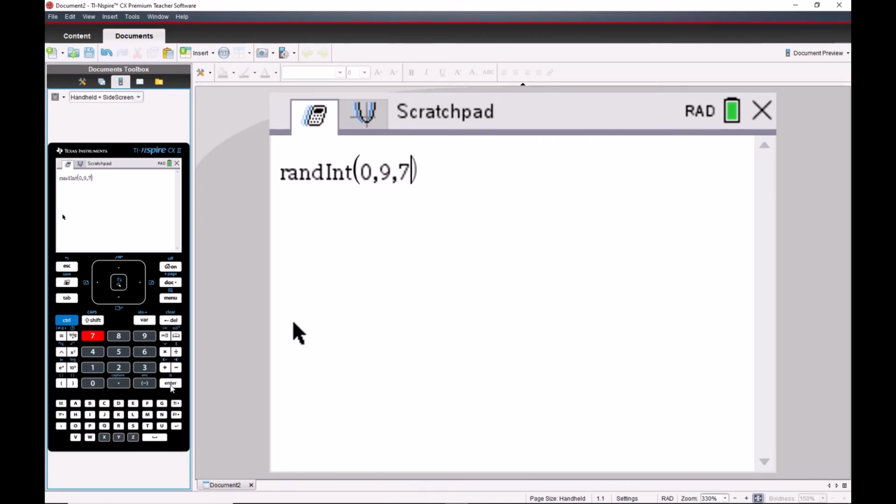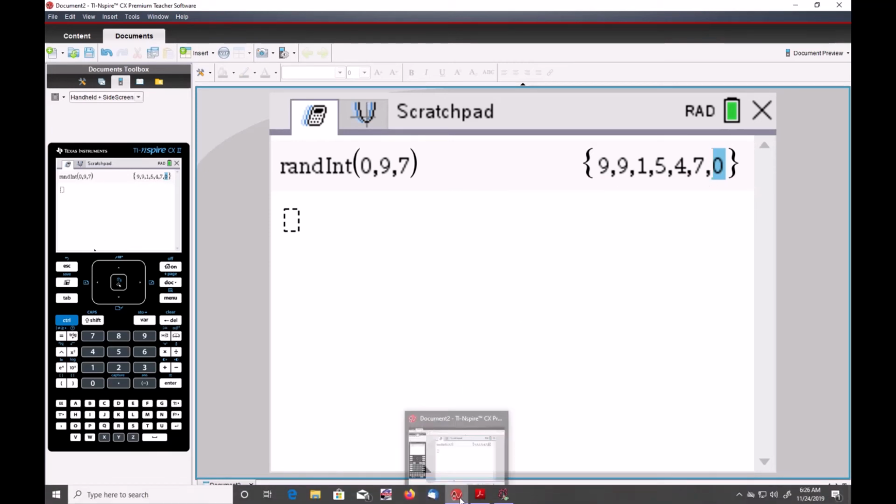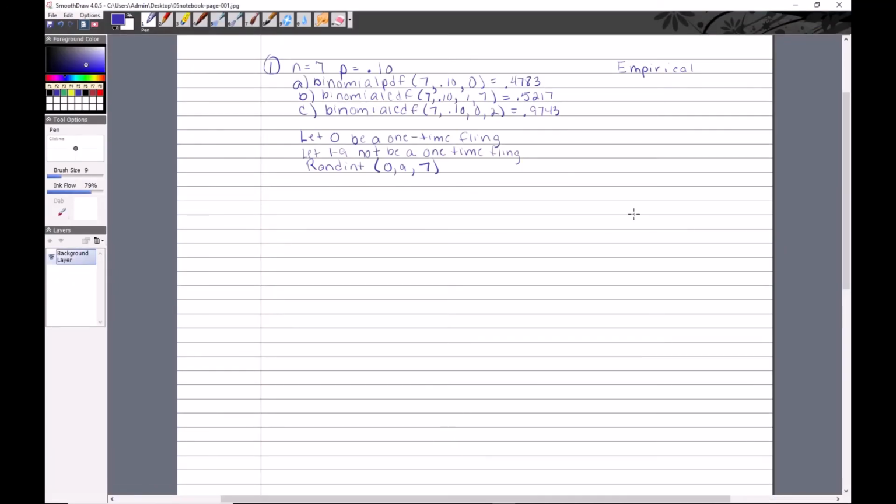And all we need to do after we hit enter is count up the number of zeros that we have. So this person is a person that does the one-time fling. All the other ones don't. All right, so what we have here for the first trial is that we have 1. So I'm just going to go ahead and list these things.